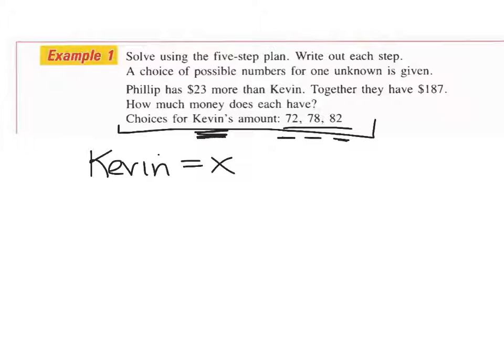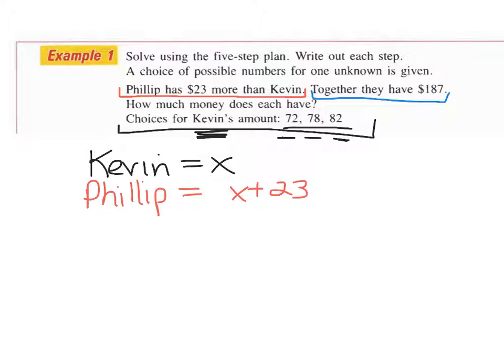And again, you can choose whatever letter you want. Then I'm going to go back and I can see that Philip has $23 more than Kevin. So for Philip, I am going to let Philip equal X plus 23. And then now I need to come up with my equation. It says together they have $187.